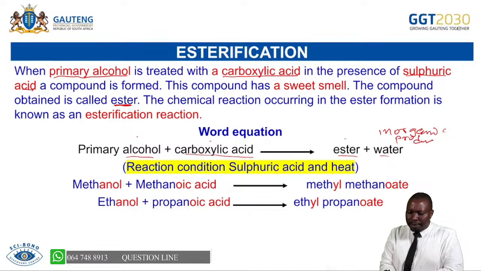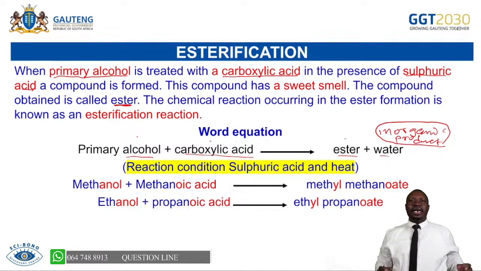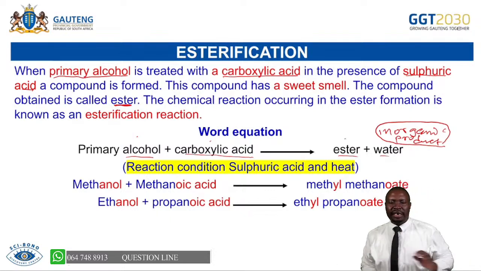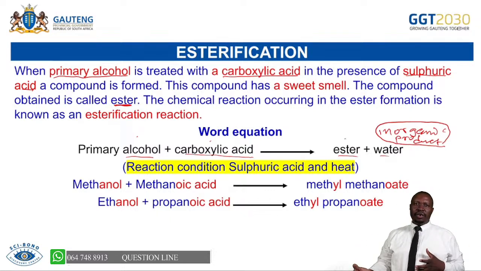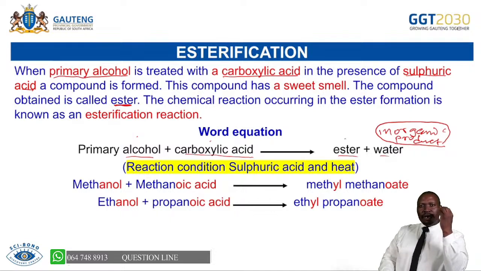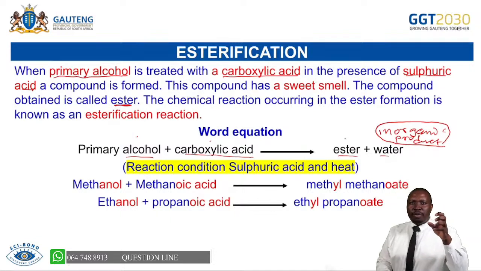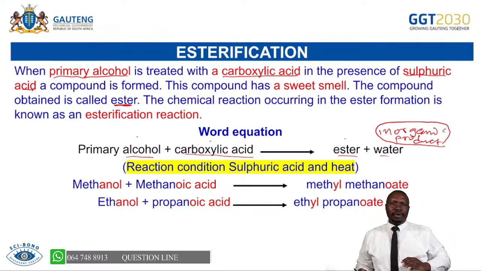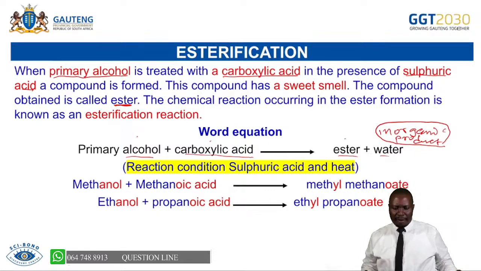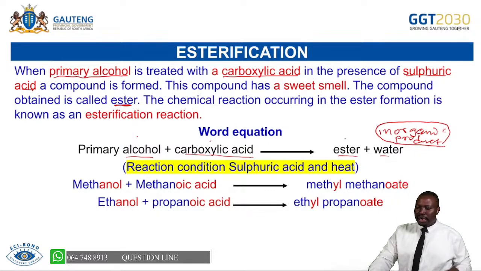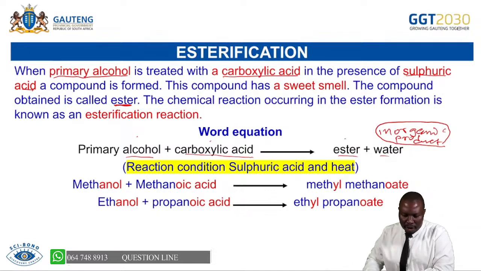I'm emphasizing this because sometimes in the question they will say write down the inorganic product that is formed, and learners don't understand which one is inorganic and which one is organic. Remember when we started this topic, we said organic molecules are carbon-containing compounds. There must be carbons there, and you can see water is free of carbons, so this is an inorganic product.